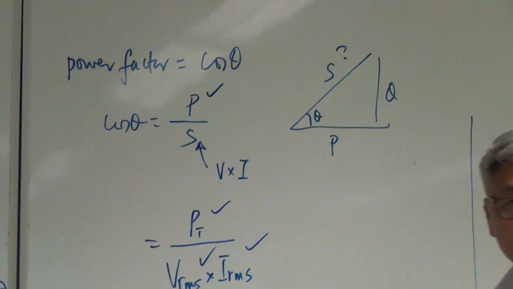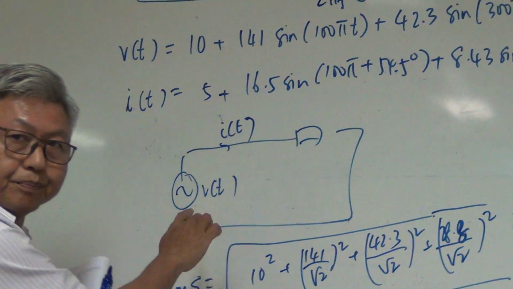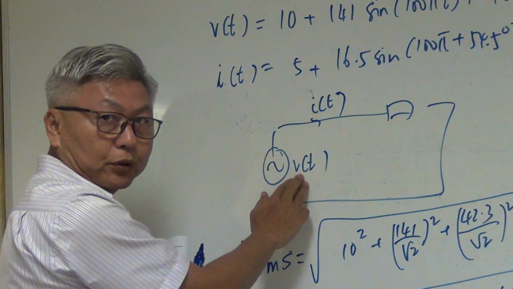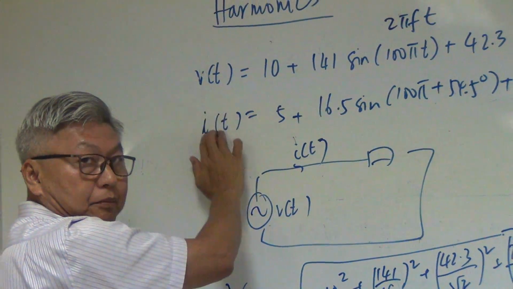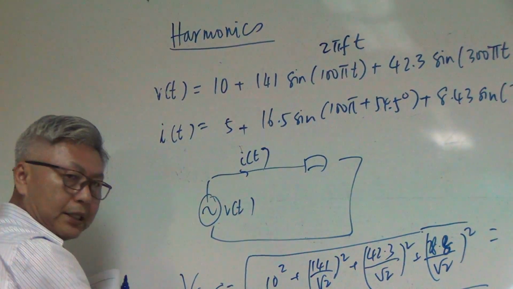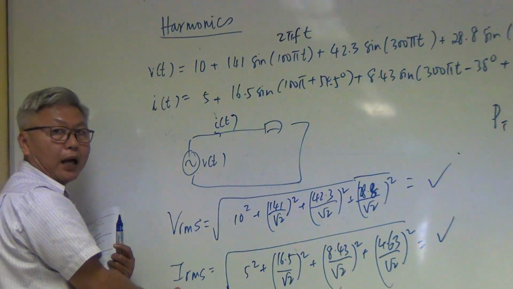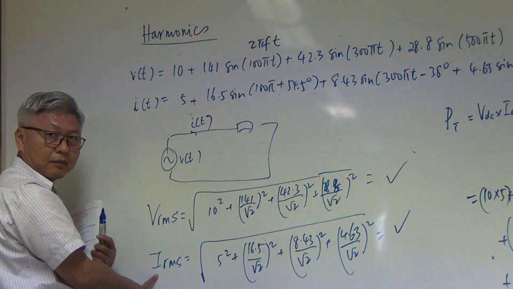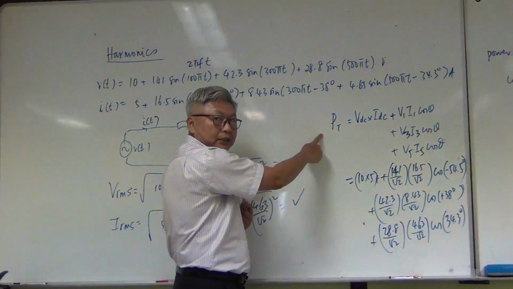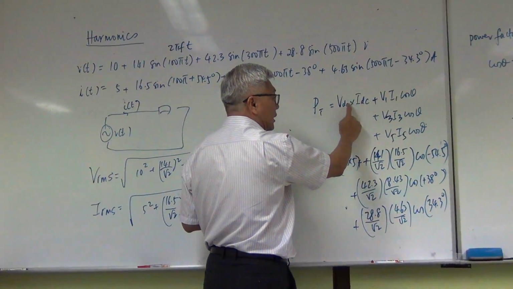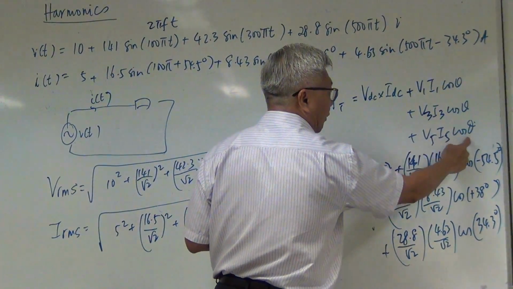Alright, so let me repeat what I've just said. If I have an AC system where I give you my AC voltage and my AC current in a sinusoidal expression, can you use these methods to find the VRMS? Same method to find IRMS. Once I know both, can I find the power? Yes: VDC IDC, V1 I1 cosine theta, V3 I3 cosine theta, V5 I5 cosine theta.